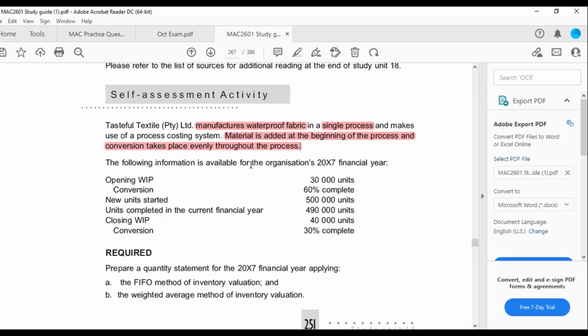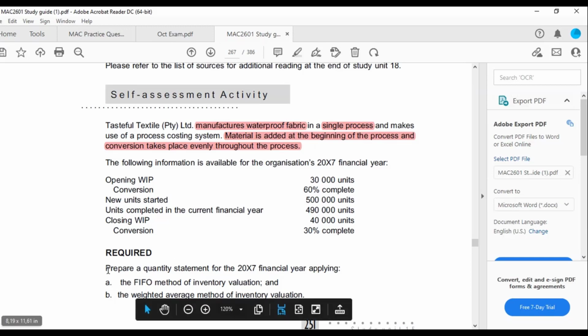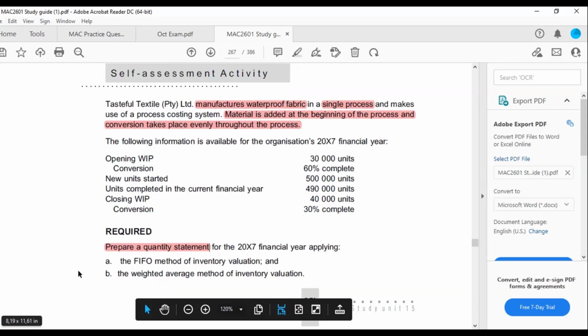The following information is available: the opening WIP, conversion, new units, units completed in the current year, the closing WIP, and the conversion. Please prepare a quantity statement in accordance with first in, first out, and weighted average. 15 minutes.